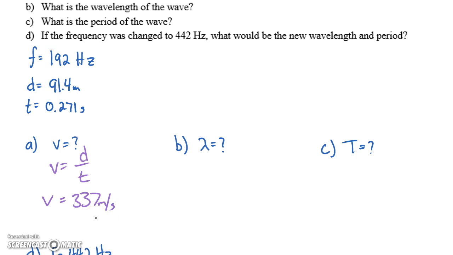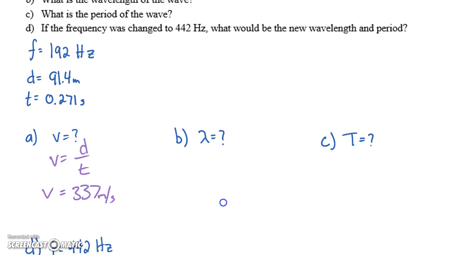Now that we want to figure out the wavelength, we can actually go to our universal wave equation, which is v equals lambda f, which we want to rearrange for lambda as v over f, and so we can calculate lambda using that as 337 divided by 192, and we get about 1.76 meters for our wavelength.